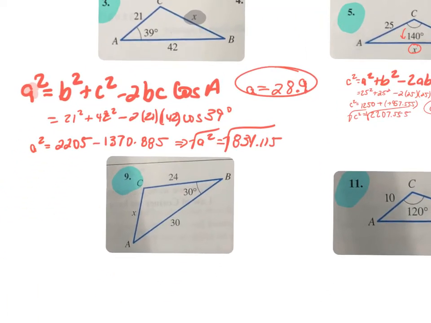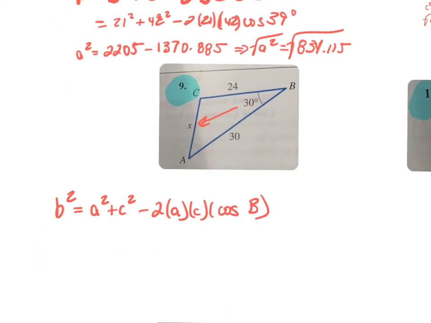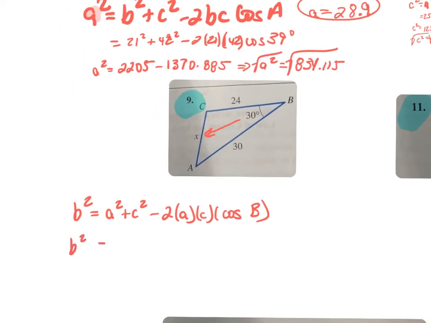Okay, and number 9, we're doing the exact same thing, guys, but now we're looking for the side that's across from angle B, and that's going to be side B. So it's b squared equals a squared plus c squared minus 2 times a times c times the cosine of B. We don't know what b squared is, so b squared equals A is 24 squared plus C is going to be 30 squared minus 2 times 24 times 30 times the cosine of B, which is 30.